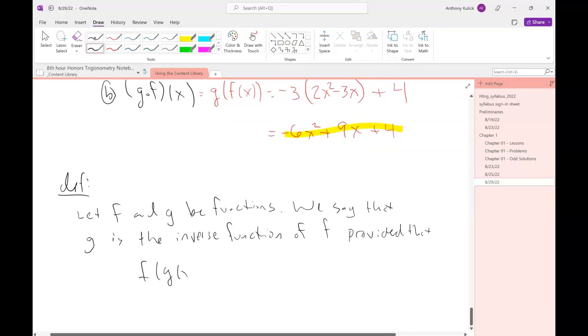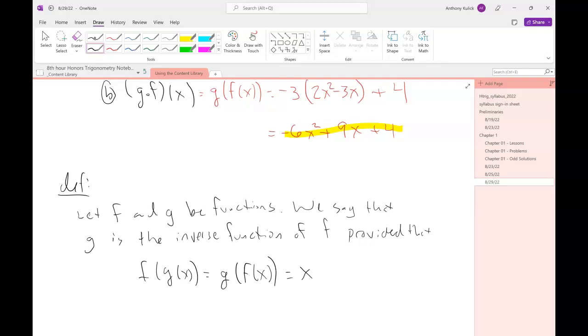F of g of x is equal to g of f of x, which all equals x.